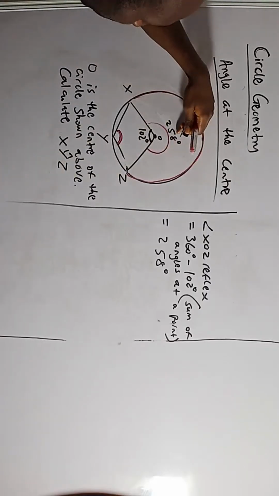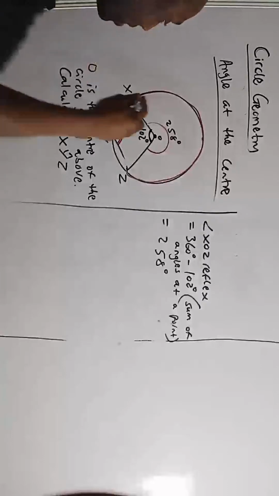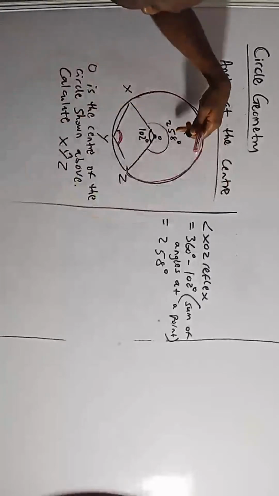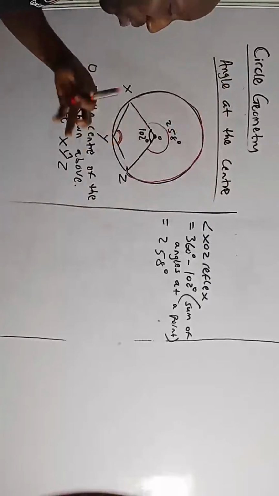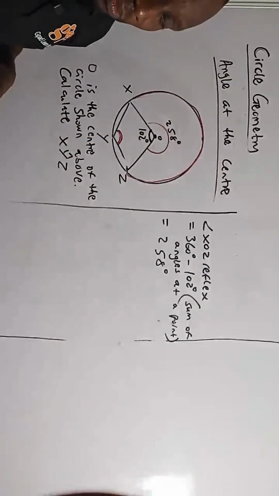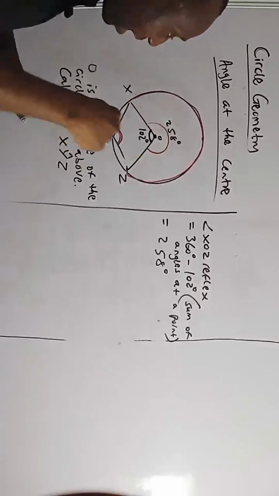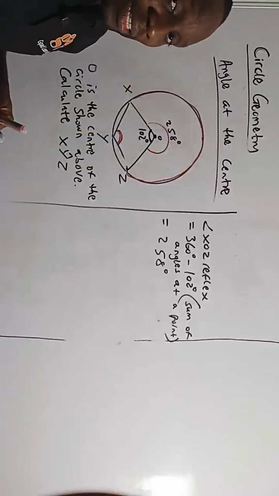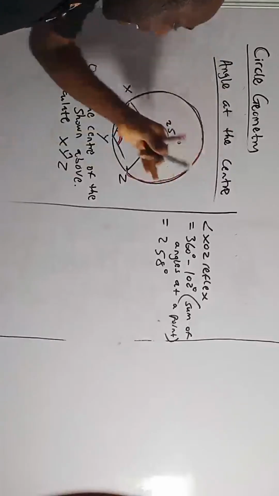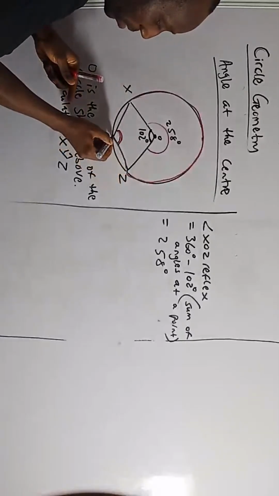How can this help us in getting this angle now? Remember, they are both subtended by this major arc. How will this help us in getting this angle? Easy. Because we know that the angle at the center subtended by an arc is twice the angle subtended by that arc at any point on the circumference. You see, this is a circumference here, the point on the circumference.